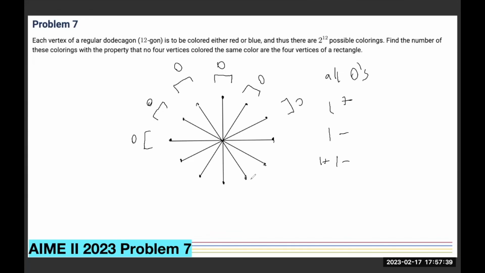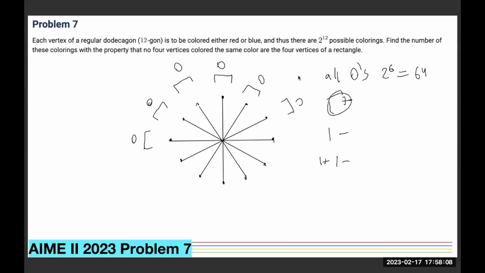All we're doing is we're taking each of the main diagonals, all the diameters, and we're picking at random which point has red, which point has plus, which point has minus. It doesn't really matter what you call them, plus, minus, red, blue. We're just picking one to be the other. Clearly that's 2 ways to do that, and it's to the power of 6 because we're doing it 6 times for each of the 6 diameters, which gives us a total of 64 possibilities.